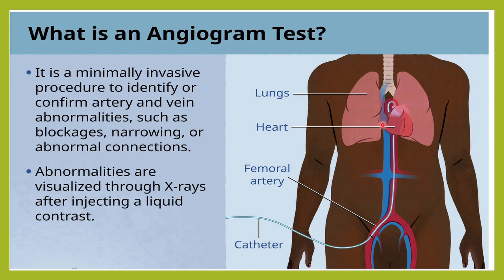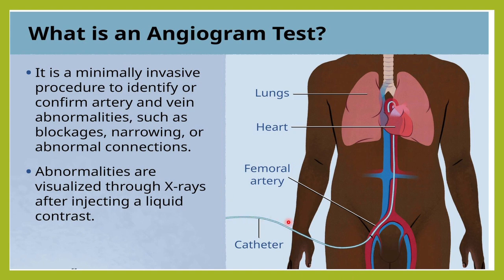So angio is any blood vessel and gram is we take multiple x-rays and we find out what is the abnormalities in the arteries or the veins. So this study of this vessels, blood vessels, is called as angiogram. So now this is a very minimally invasive procedure. So here we are not cutting open the vessels or we are not cutting open any part of the body.